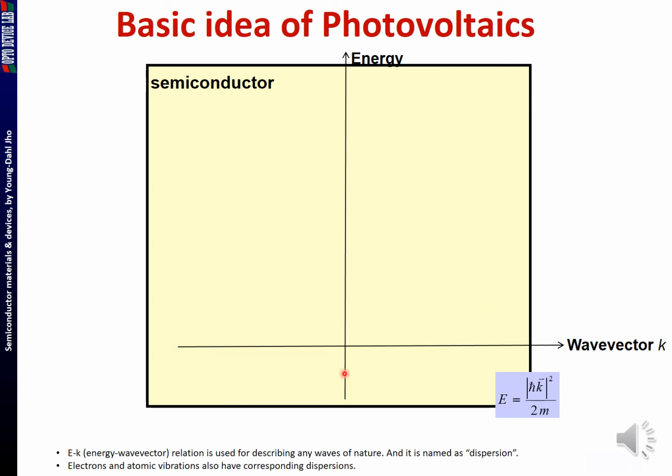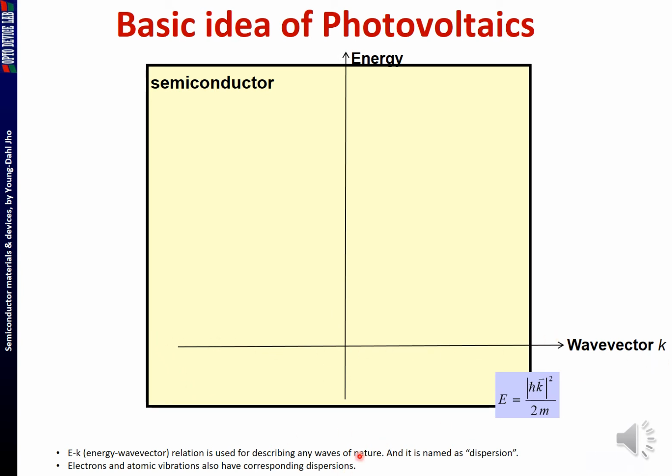In this figure, we are using the wave picture of electrons. You will learn this later on, but some of you might be familiar with this, especially if you are from the physics department. So just like photons, you can draw the figures based on energy and wave vector.